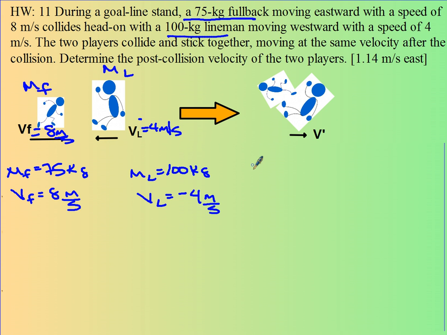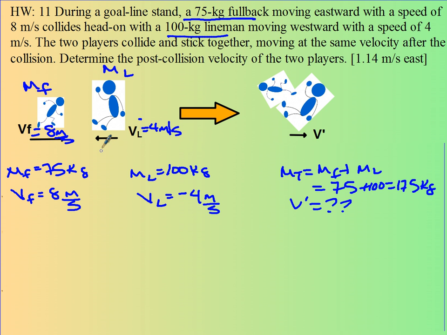And this, we have our collision, and then the mass total is going to be the mass of the fullback plus the mass of the lineman. And let's figure out what that is. 75 plus 100 is 175 kilograms. And we're looking for our final velocity. This is how I want you to write your givens for these.